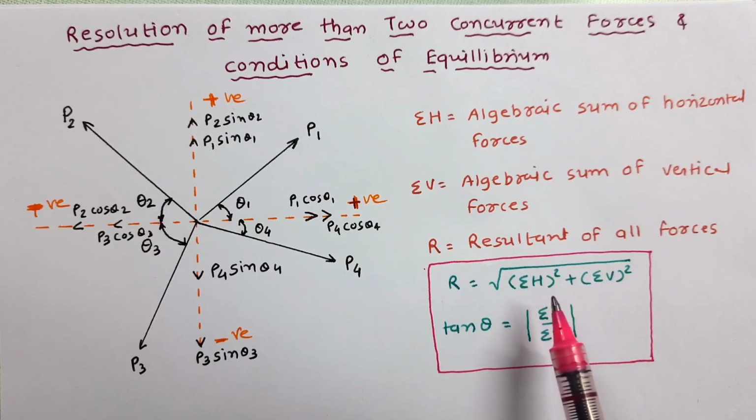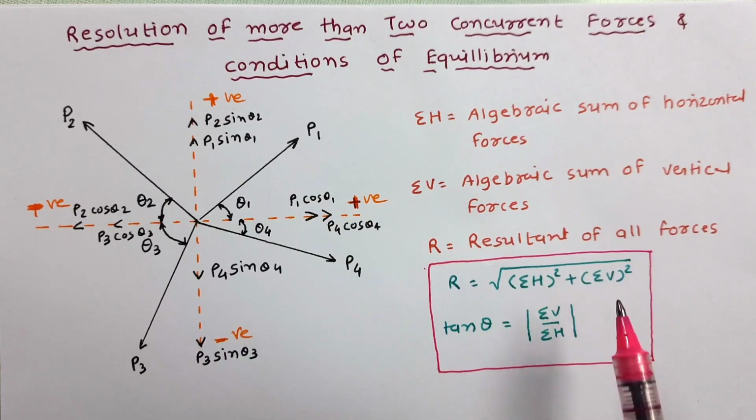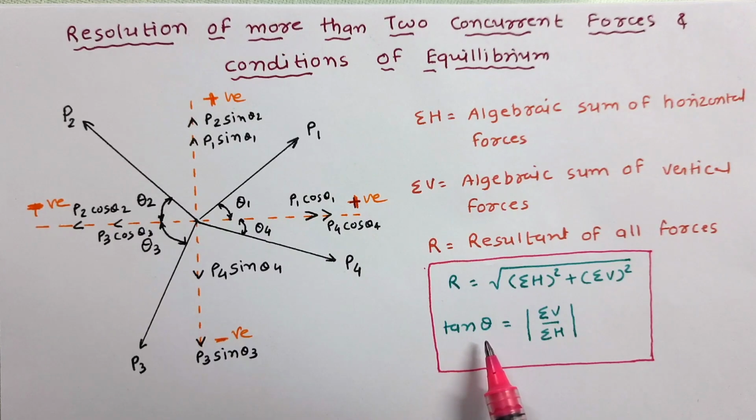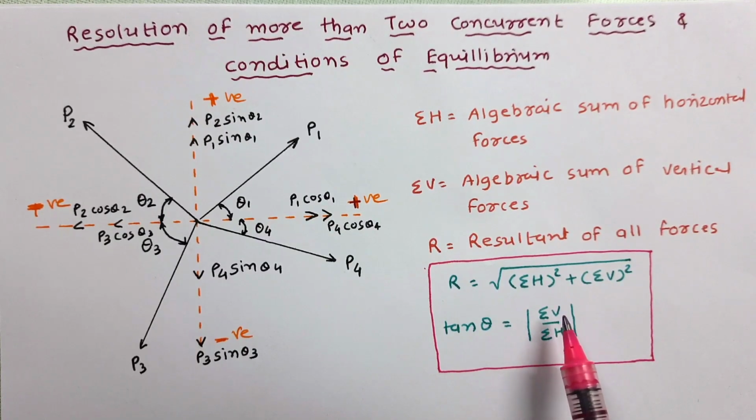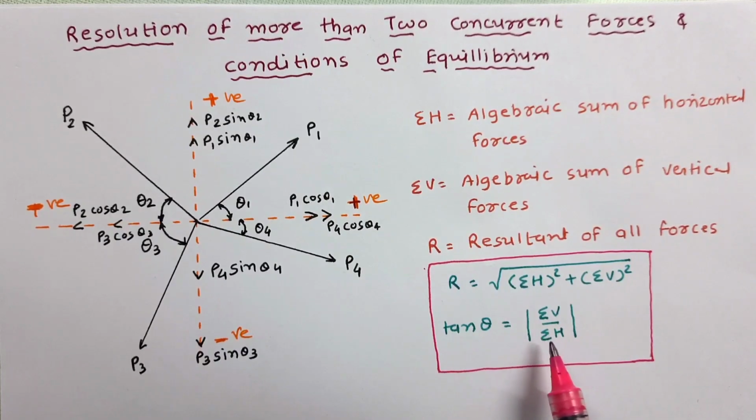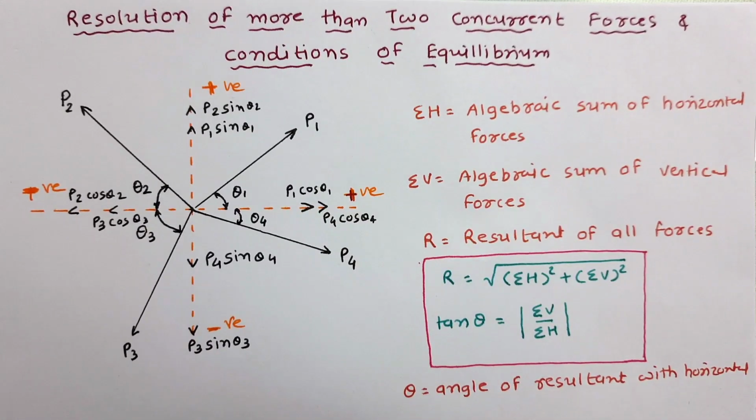Please note that this sum is algebraic sum, and tan theta, that is direction of resultant force, tan theta is equal to mod of summation of all vertical forces divided by summation of all horizontal forces. This theta is angle of resultant with horizontal. So theta is angle of resultant with horizontal.